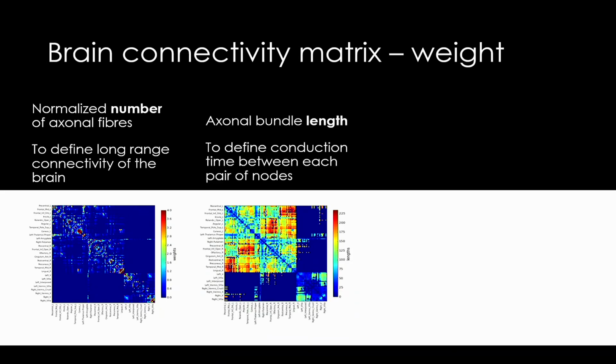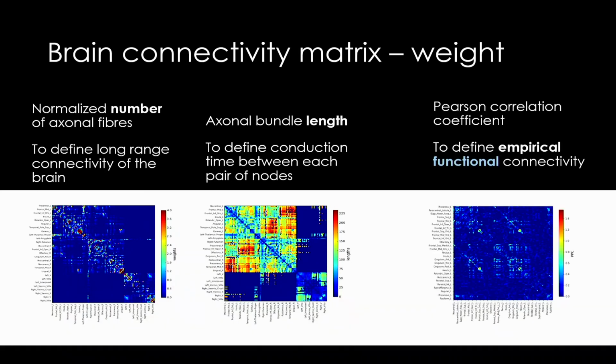Then we have to define the axonal bundle length, and this information is important in order to define the conduction speed, which is the time of conduction between distinct regions.